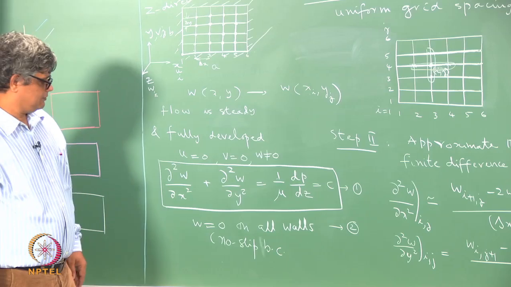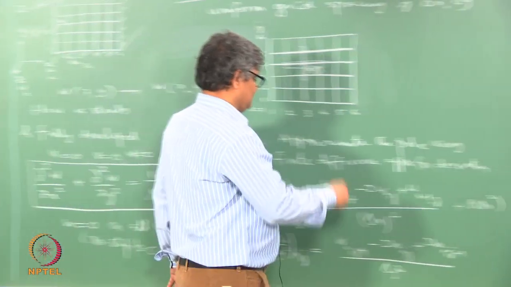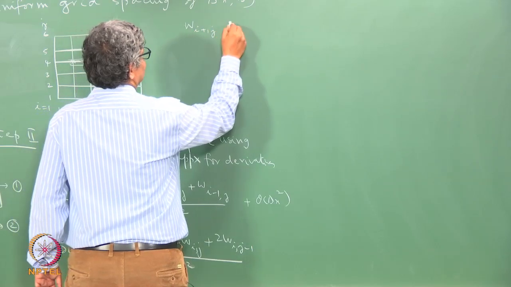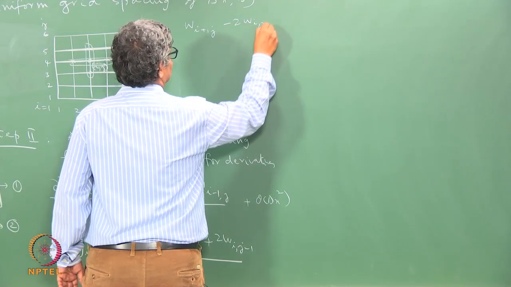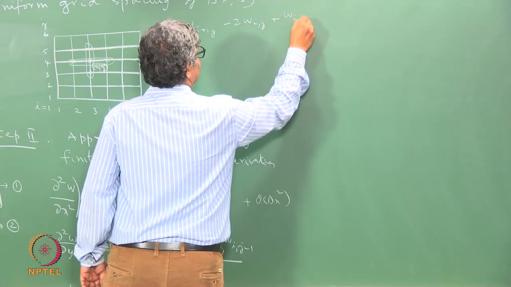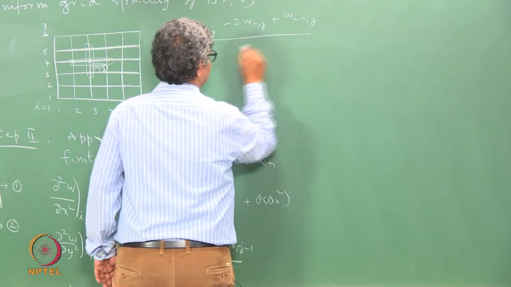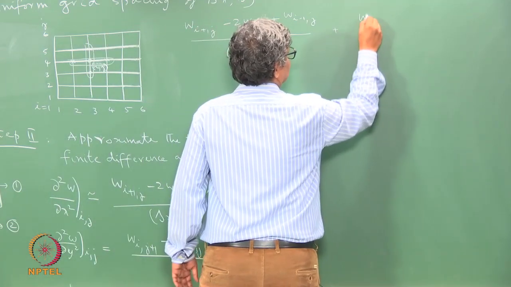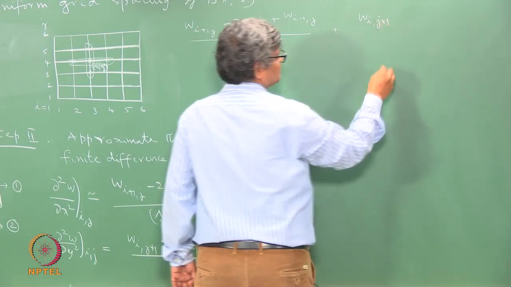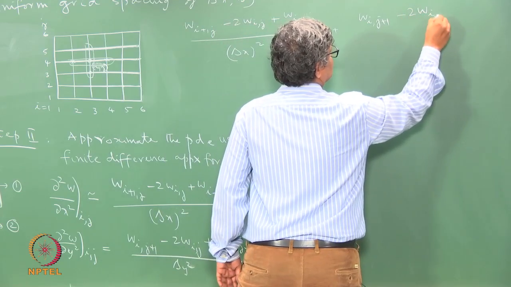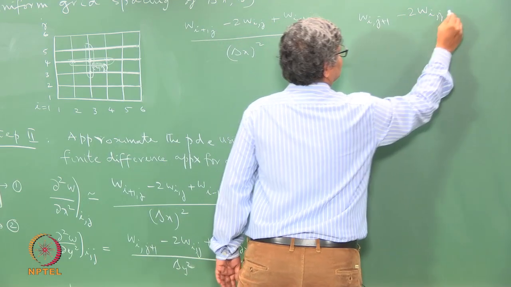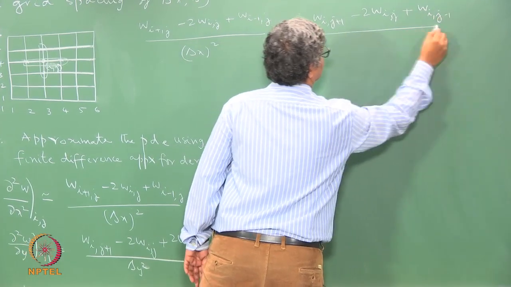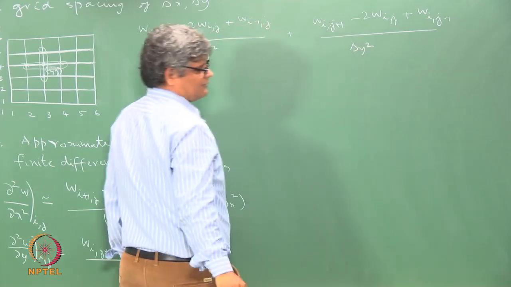we can now substitute these approximations in our equation here, and what we will get is W(i+1, j) minus 2 W(i, j) plus W(i-1, j) divided by delta x square, plus W(i, j+1) minus 2 W(i, j) plus W(i, j-1) divided by delta y whole square.